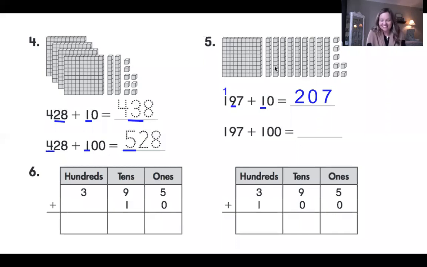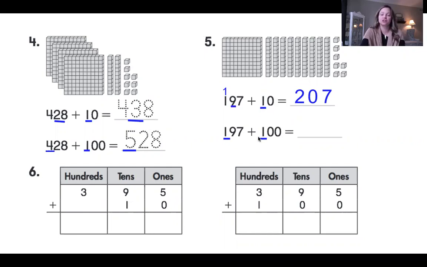Okay, sorry. So we were saying that we were adding 10 to this number. Now we're going to add 100 to this number. So we're going to look right here in the hundreds place. We have a 1 over here and a 1 in the hundreds place over here.